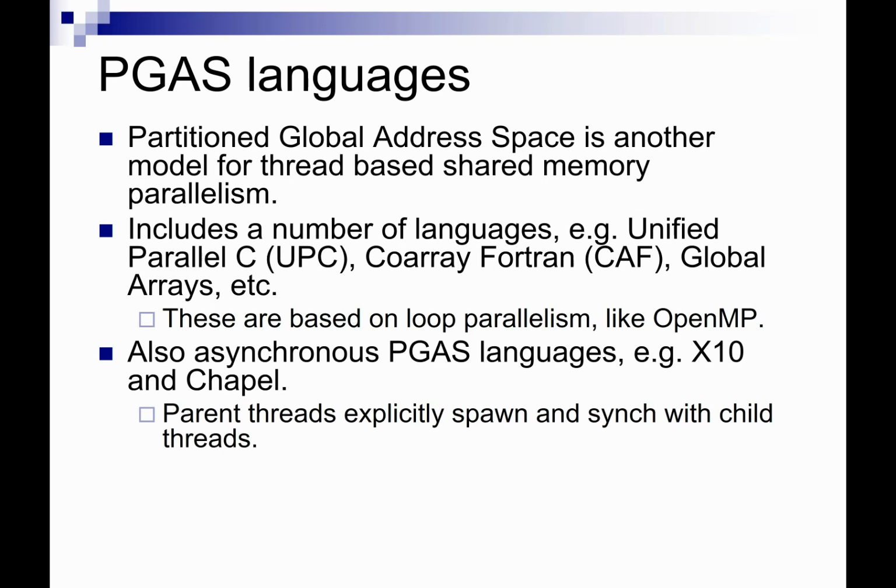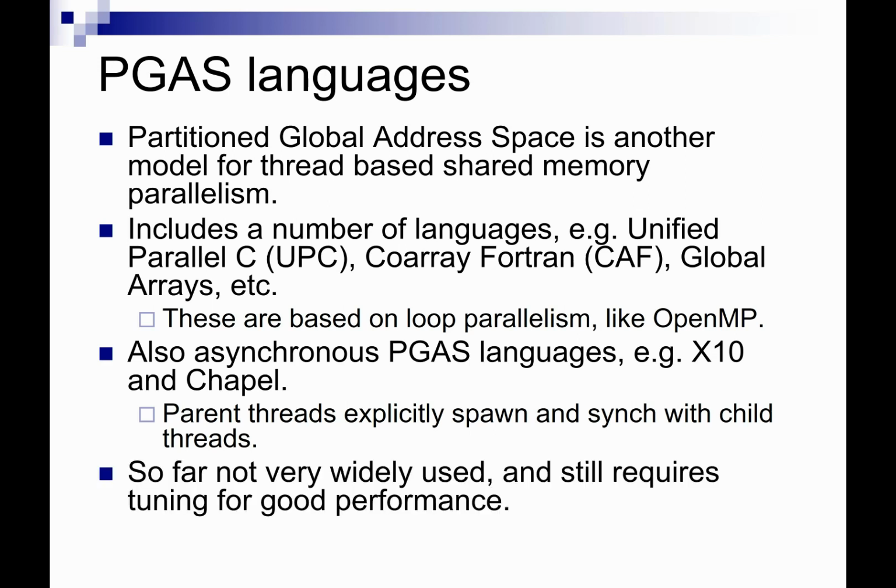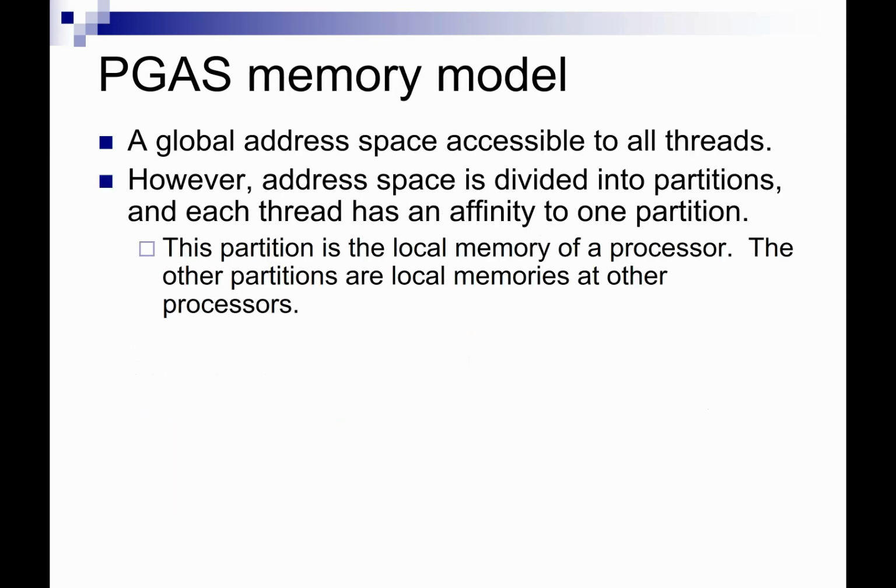There are also a few other asynchronous PGAS languages like X10 and Chapel. Here, for example, a parent thread can spawn and sync and join with child threads. Again, they're not widely used right now, but there is hope for them in the future.